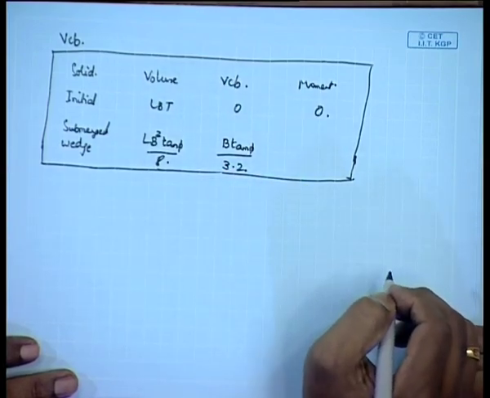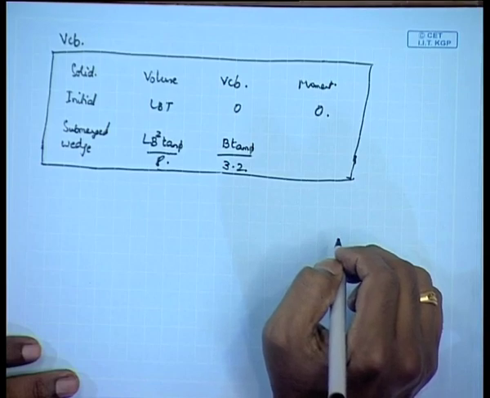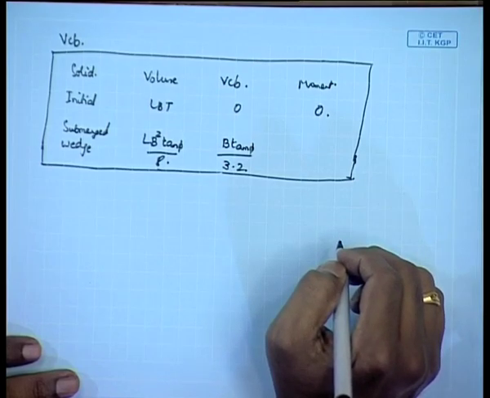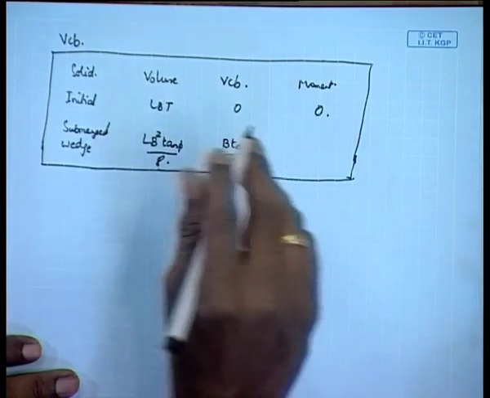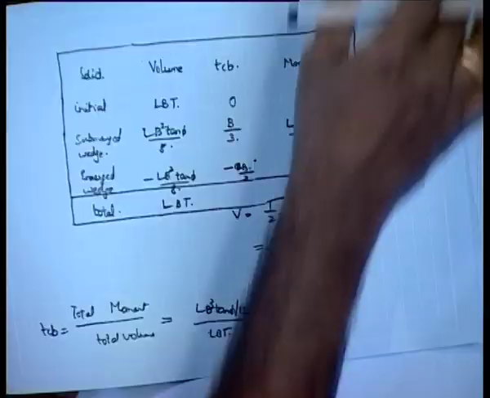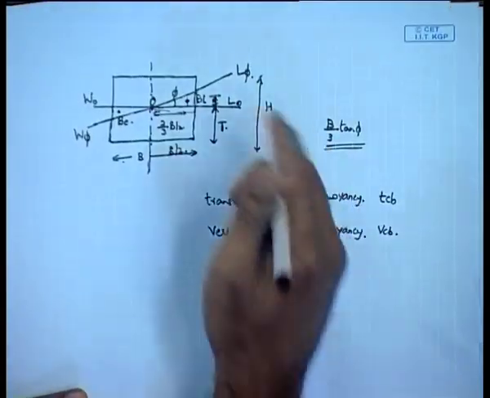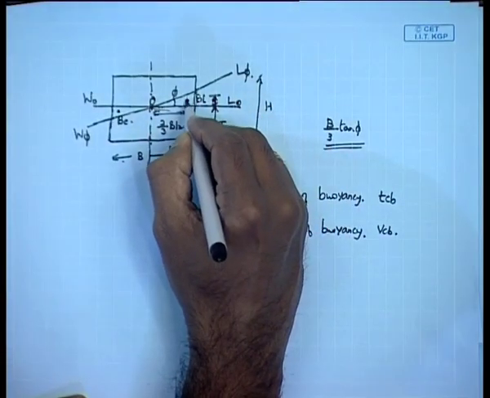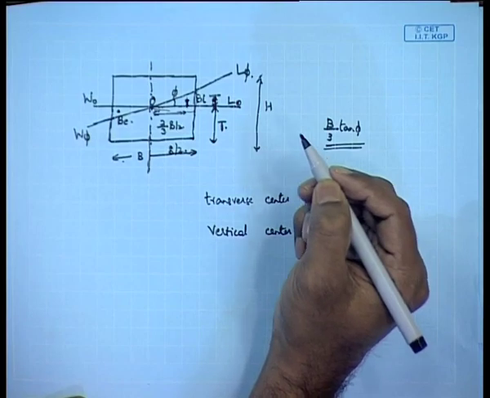This is the vertical center of buoyancy of the total cone of the submerged wedge. The center of it is the vertical center of buoyancy of the submerged portion. Vertical center of buoyancy means this region, this height, this is the vertical center of buoyancy of the emerged region.